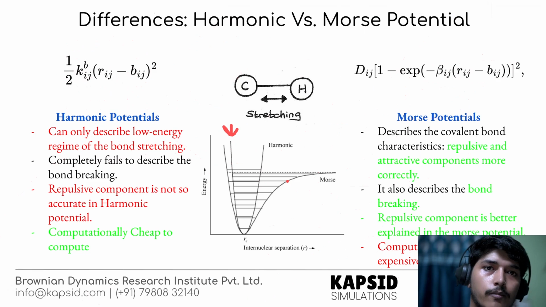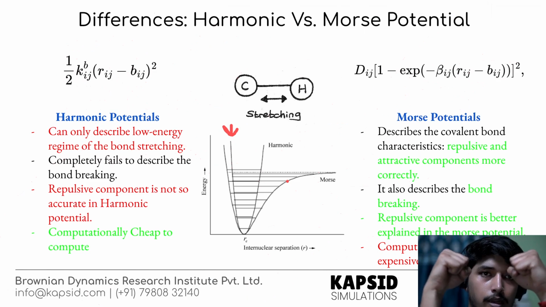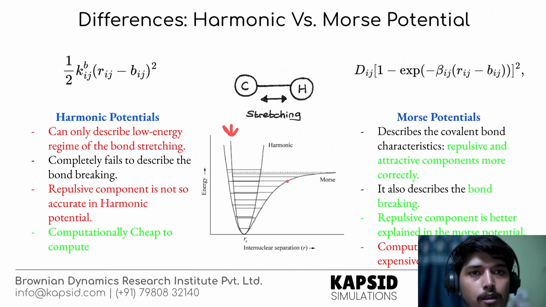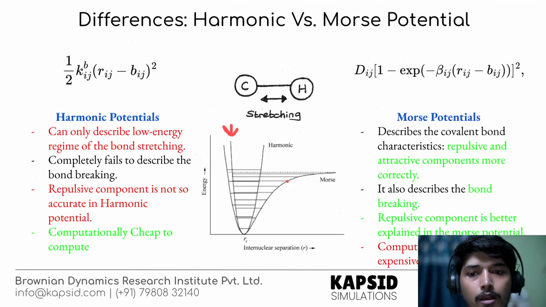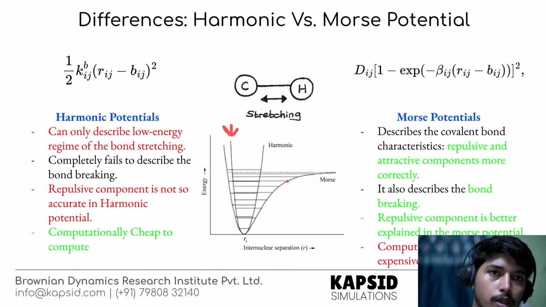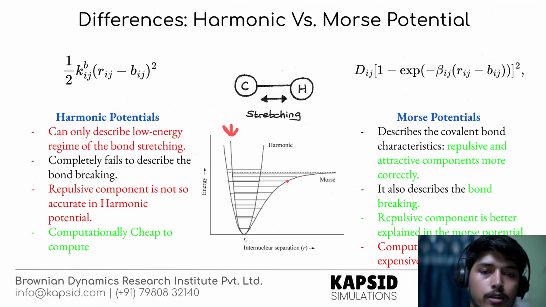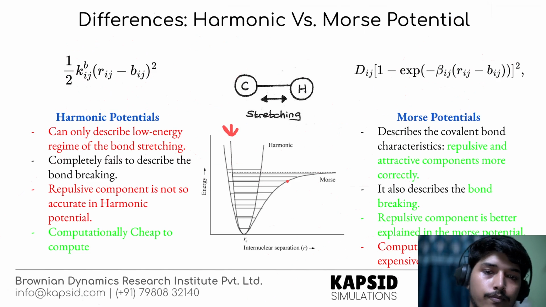It means that if there are two atoms in equilibrium in a covalent bond, and we compress them together, just by changing a little, the potential energy will be much higher, and that's exactly what we expect from a covalent bond, right? Because we know that there are two nuclei, and if we pull these two nuclei together, the potential energy will be high because they have the same charge.